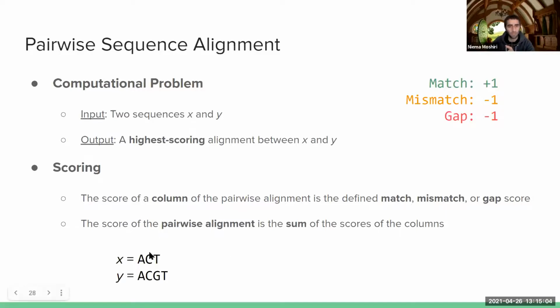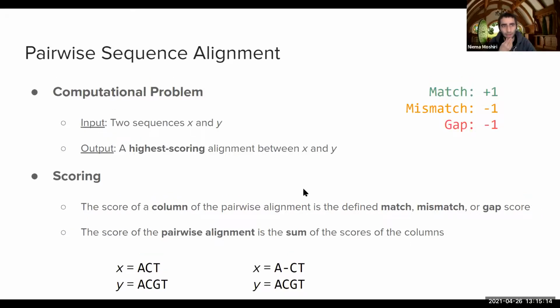So for example, let's imagine I had these two original sequences again, and let's say that this is one hypothetical alignment that I want to look at. So maybe take a second and think, what would be the score of this alignment? Any thoughts? Using this scoring convention that I've defined over here.